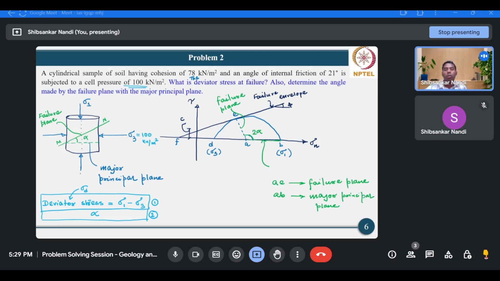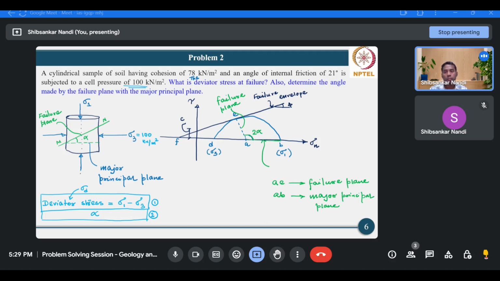This value remains constant as per the fundamentals of the triaxial test. In the second phase of the triaxial test, the confining or cell pressure is kept constant, and only the stress in the axial direction is increased until the state of failure occurs.